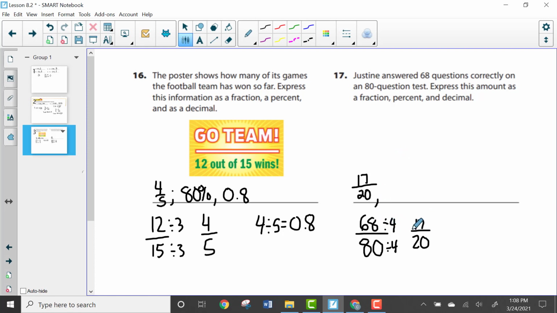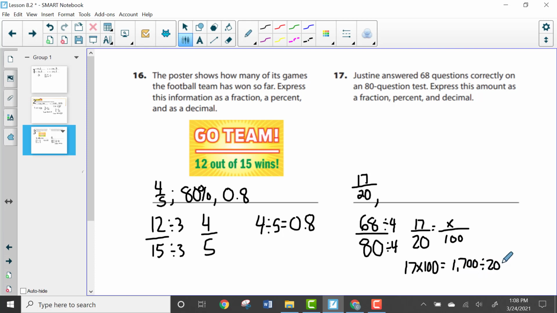Now if we're trying to figure out 17/20 as a percent, we can do 17/20 is equal to something over 100. I think we know the drill by now. 17 times 100 is 1,700. Then we got to divide by that 20.